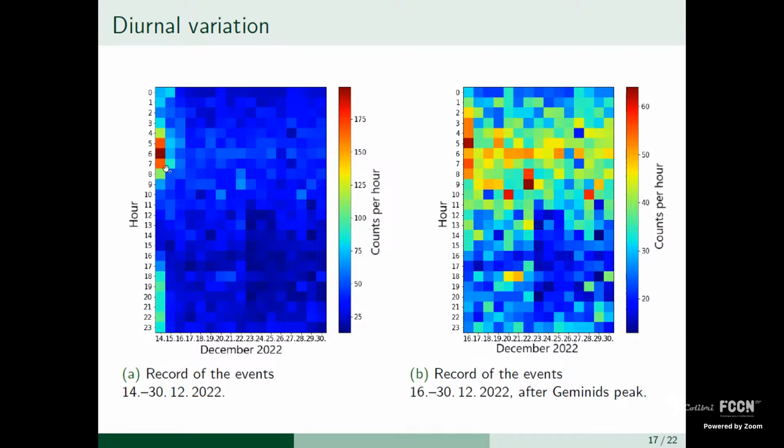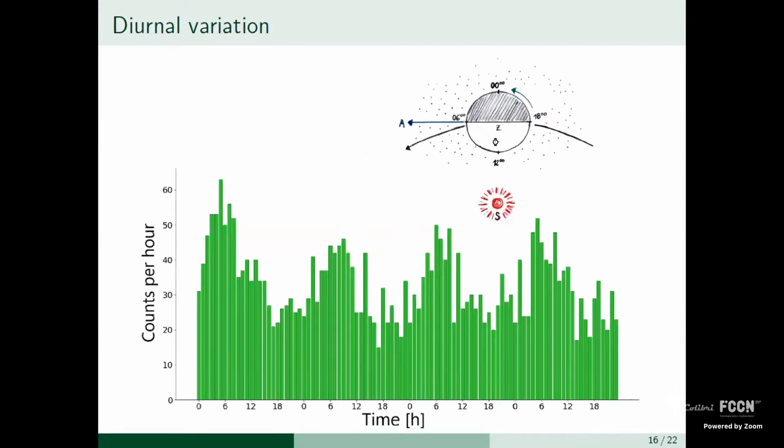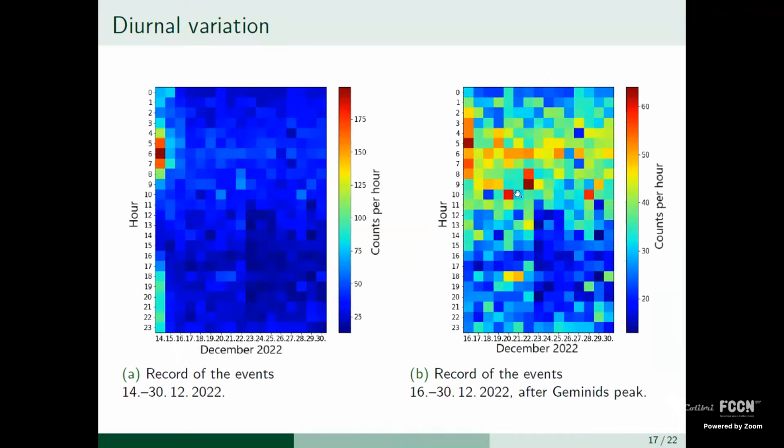And this peak is rescaling all of these variations we could see. So to obtain a more realistic picture of the daily diurnal variation of meteors, I had to cut out these 2 days. And now what we see here is precisely the same thing as here, that at 6 a.m. there are like 2 or 3 times more events than in the evening.